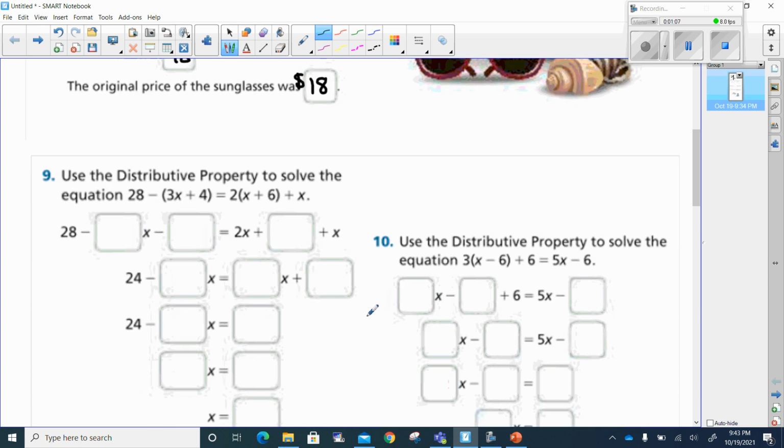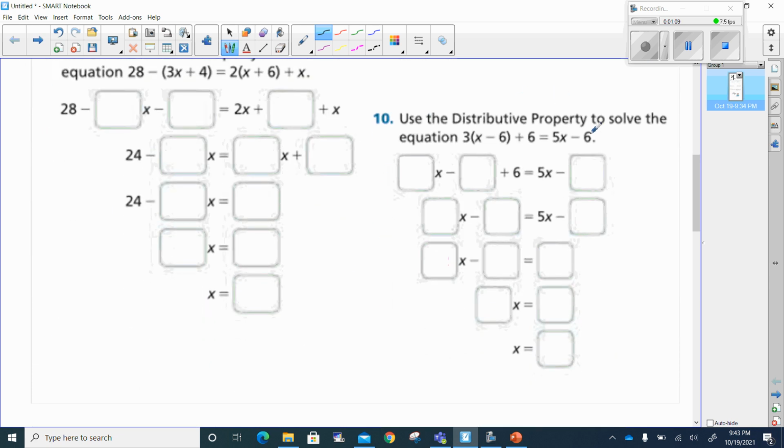All right, let's move on to number 10. It says using distributive property to solve the equation. All right, 3 times x is going to give me 3x. 3 times a -6 will give me a -18. And there's no surprise over here. We didn't use distributive property, so the -6 has to come down.